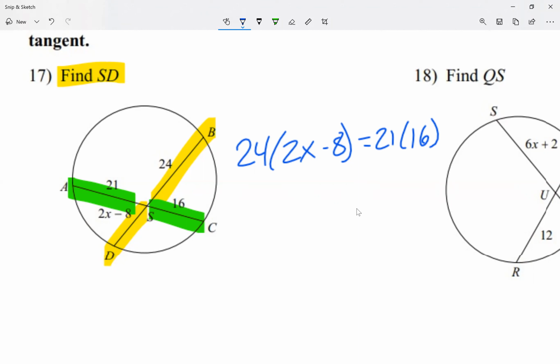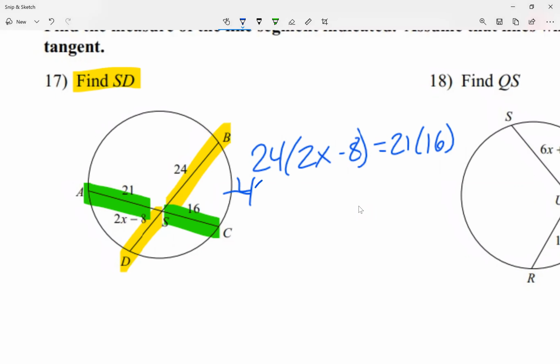On the left side, 24 times 2x, right? I'm thinking 24 times 2, that's 48. So 24 times 2x is going to give me 48x. Then there's a minus sign. 24 times 8, that's 192. I'm going to think 192 equals 21 times 16 is 336.